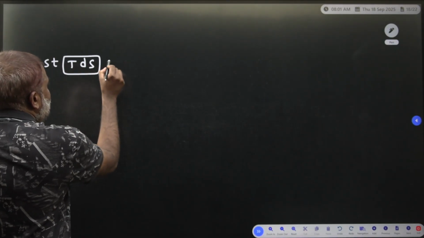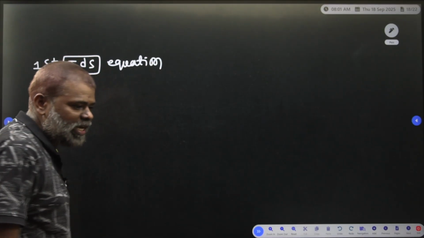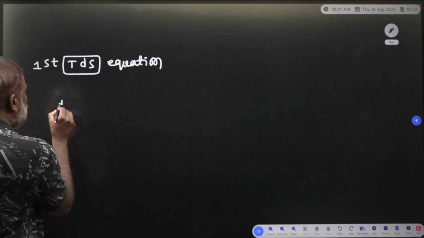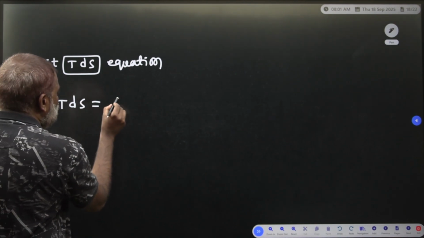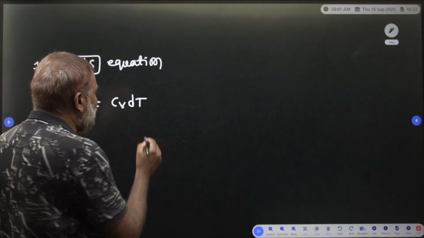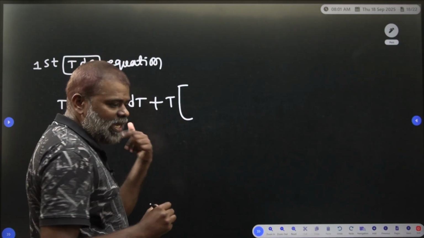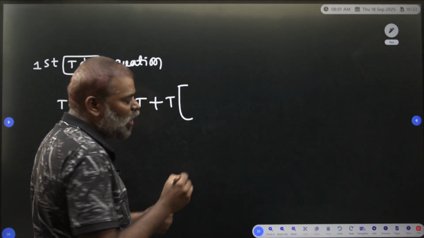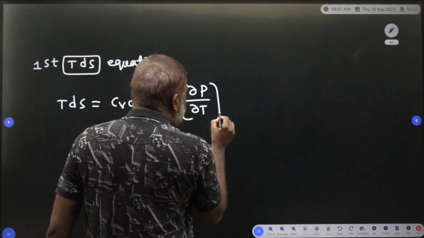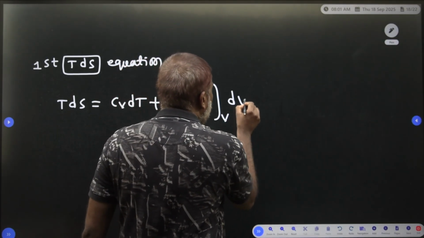The first TdS equation is a function of temperature and volume. So TdS is equal to Cv dT plus T(∂P/∂T) at constant volume into dV.